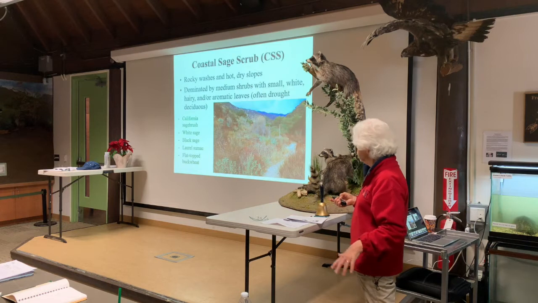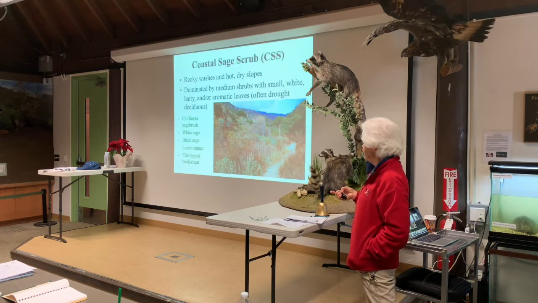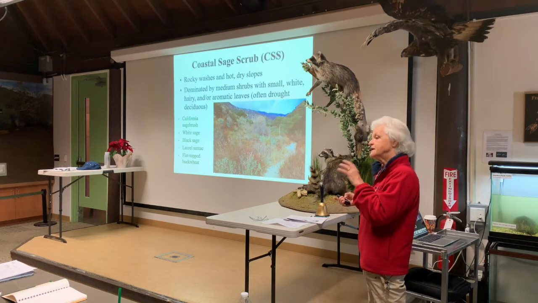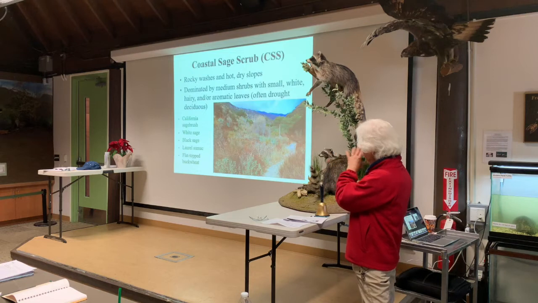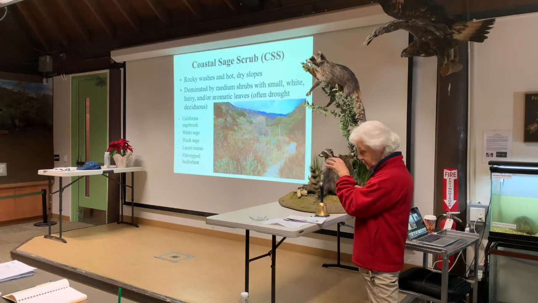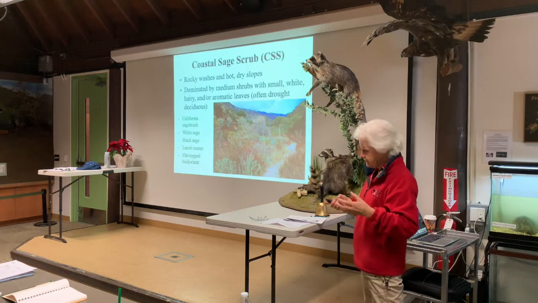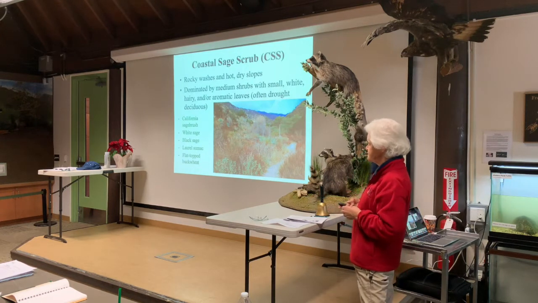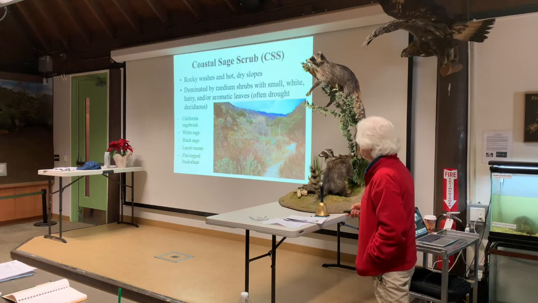medium-sized shrubs with small leaves, white or hairy leaves, and aromatic leaves. Either all of those or some of those characteristics of the leaves apply to the shrubs. Not each plant has all of these leaves.